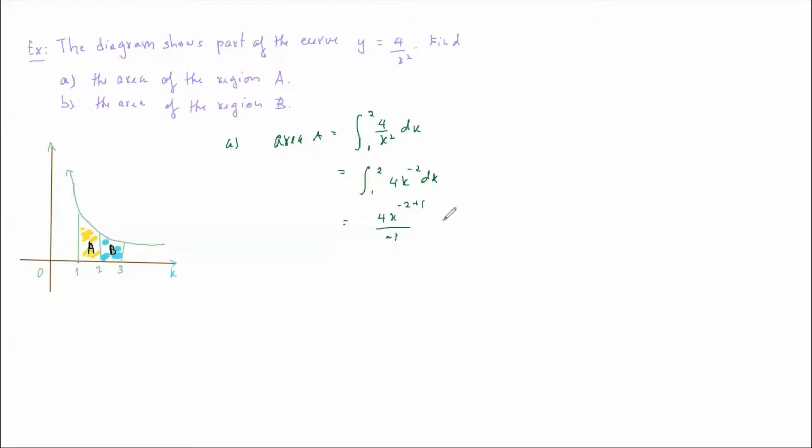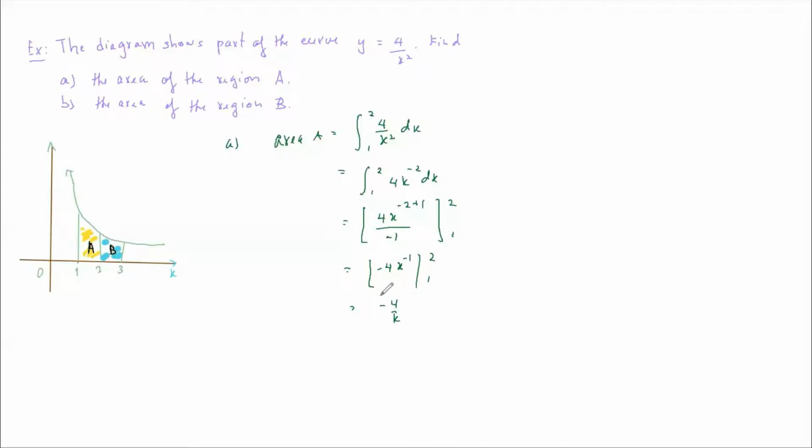But now no more plus c, because right now we know the area is from 1 to 2. So you write that down and then replace x. You can simplify this to 4x to the negative 1, which means minus 4 over x.